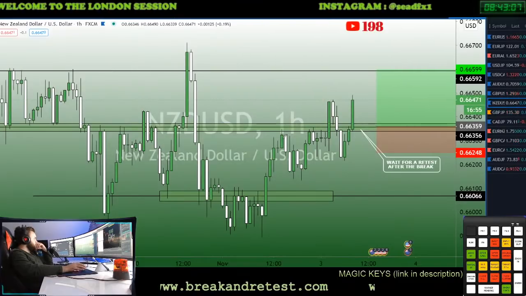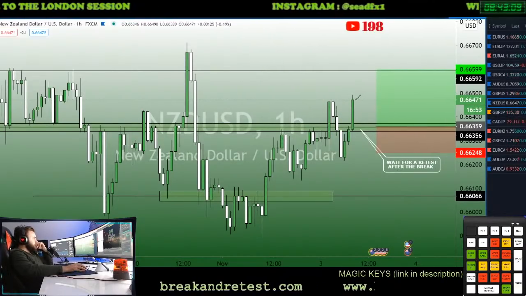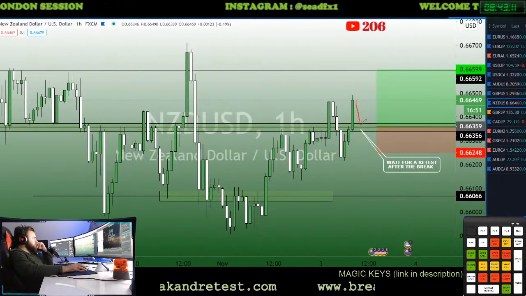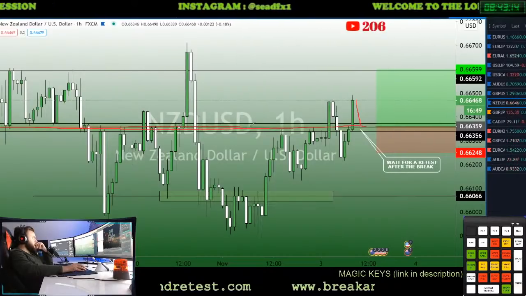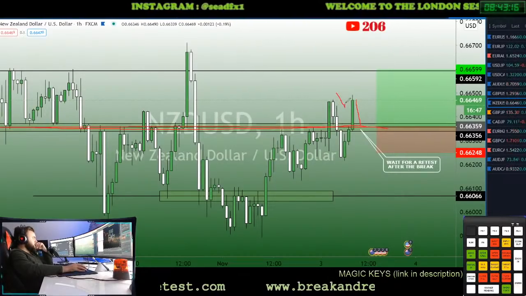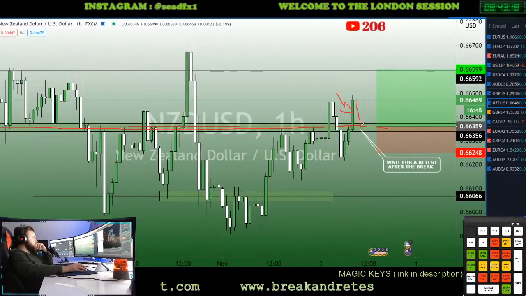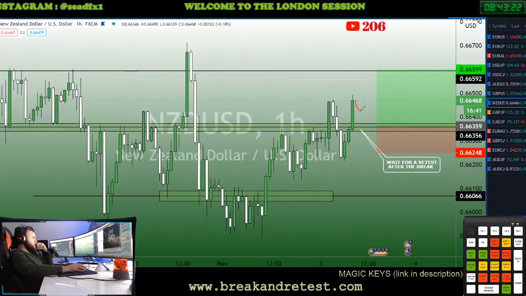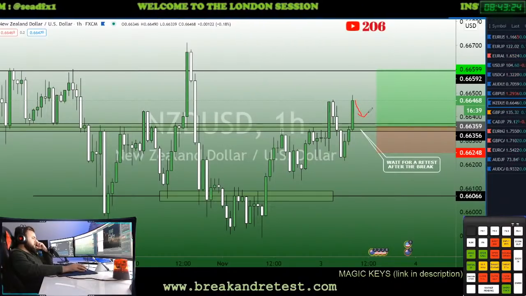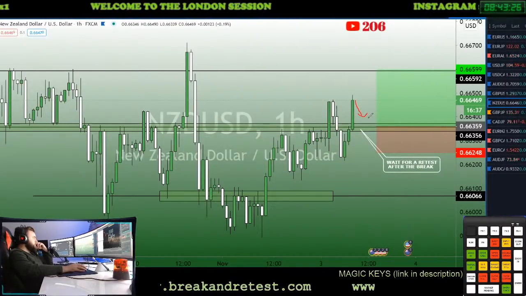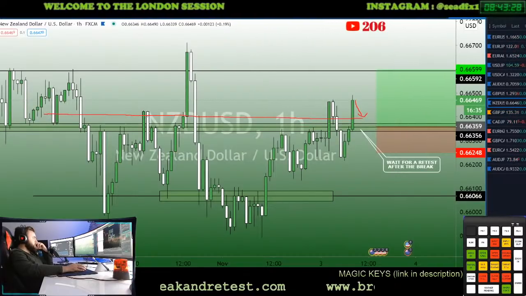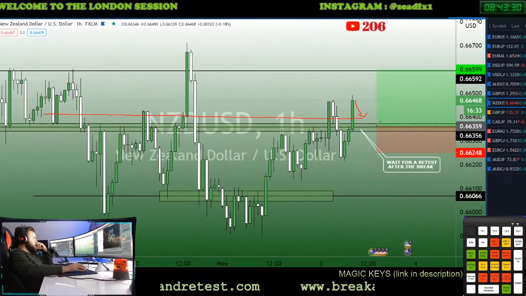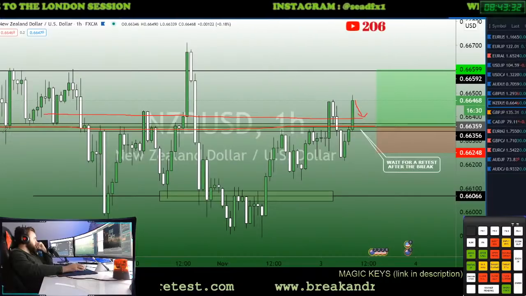Okay, so I was saying that if it comes for a retest, that would be a pretty big pullback, all the way to where the previous hour opened, right? So I was saying that if it's gonna pull back for a retest, it would probably come just around here in the middle of this zone, and would not come all the way to the downside here.